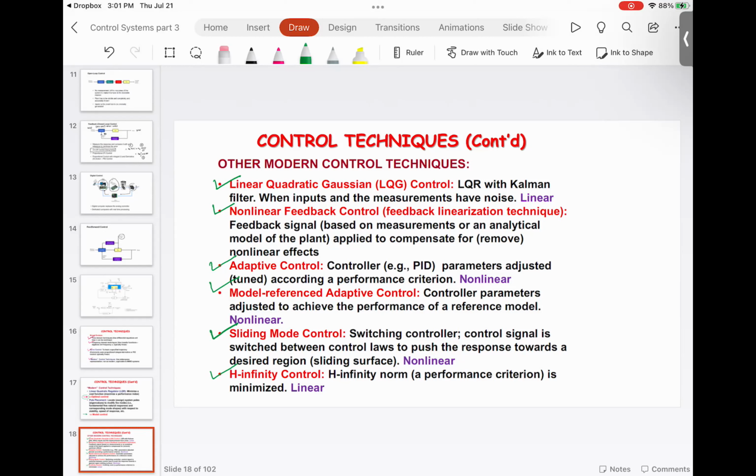And once we are towards the end of this chapter, because this chapter and this textbook only talk about linear techniques, I'm going to teach you some of these advanced control techniques that would be super helpful when you go to industry.